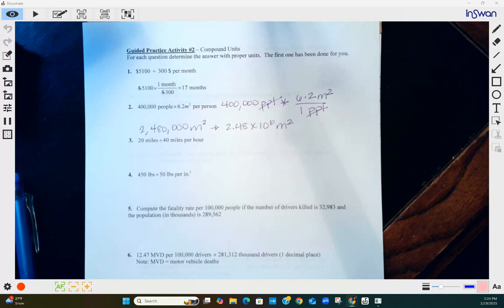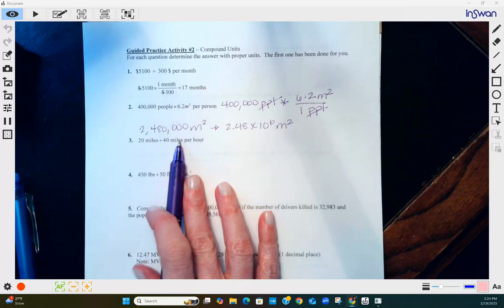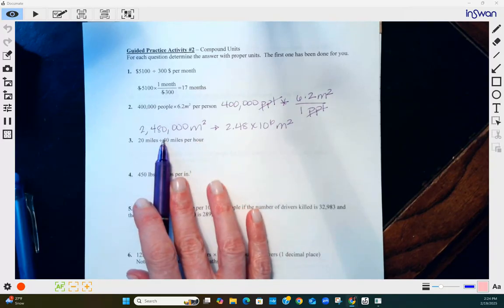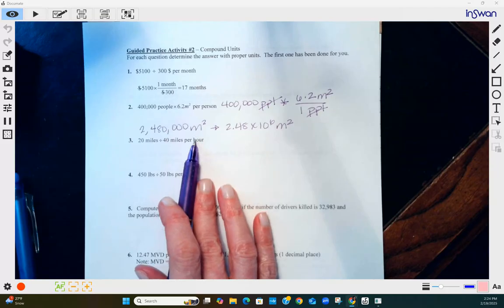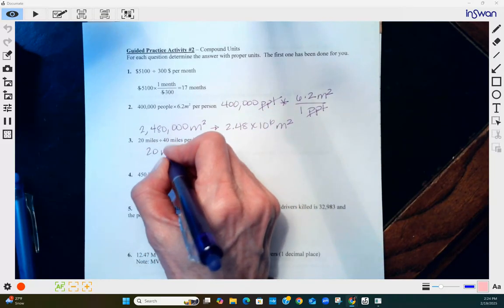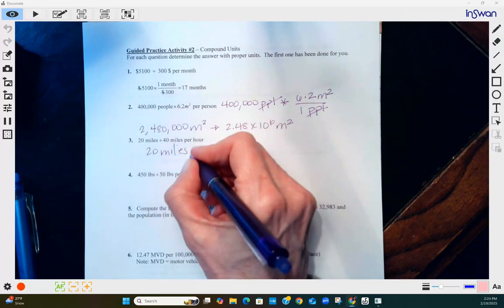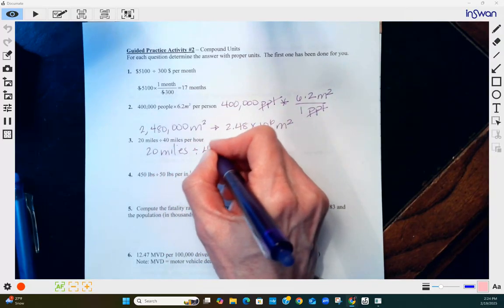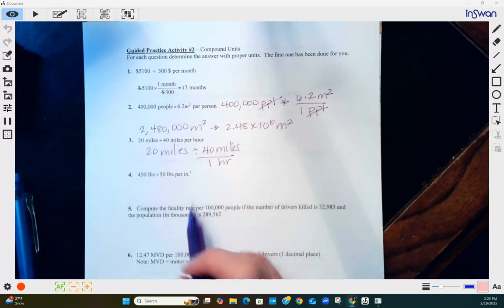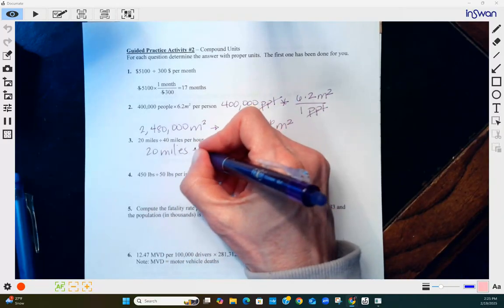All right, 20 miles divided by 40 miles per hour, so the miles will cancel and you'll just be left with hours. So you literally can just do 20 divided by 40 and your answer unit will be hours. If you want to set it up with dimensional analysis, it would be 20 miles divided by 40 miles per 1 hour. Now here you have to remember a little math.